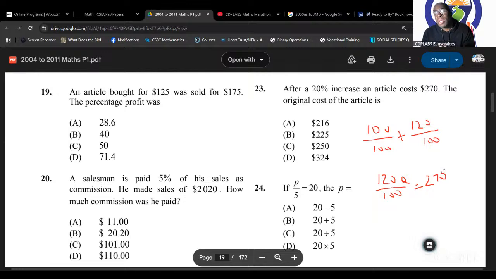Now I'm going to use a third method to show you as well. You add two zeros whenever you multiply by 100, correct? And you divide that by 120.